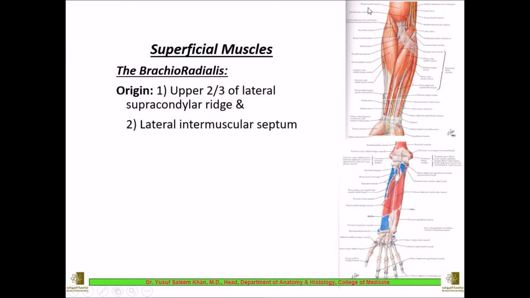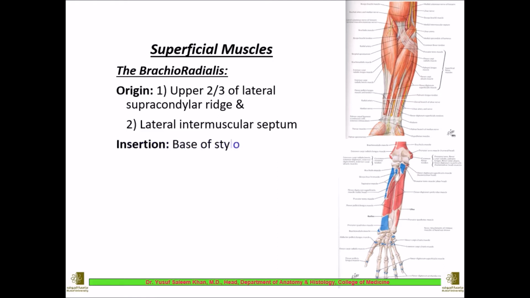So it divides the flexor and extensor compartments into two separate compartments by the presence of this connective tissue layer. So this muscle not only takes origin from the lateral supracondylar ridge, but also from the lateral intermuscular septum.